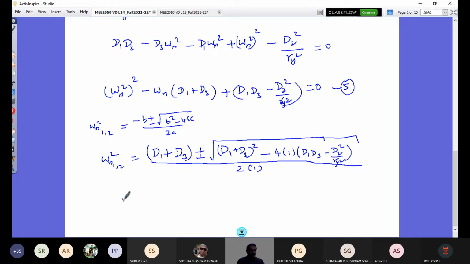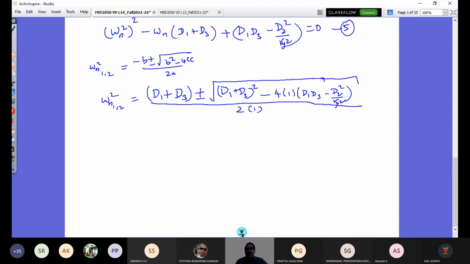So I would have now from this my omega n1 values and omega n2 values. So let us deduce this further. If I multiply this, it is going to be d1 square plus d3 square plus 2 d1 d3. And if I multiply here minus 4 d1 d3, plus this comes. So minus here and there it is plus, so it has become minus. So this term can be rewritten as omega n1 square will be d1 plus d3 minus, as I say, the smaller value referred to bounce.